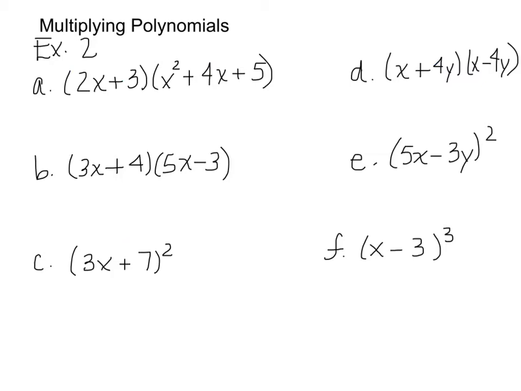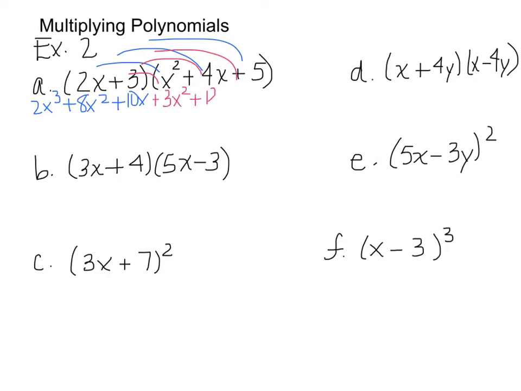So when you're doing this, you make sure you distribute to each term. So I'll get 2x cubed plus 8x squared plus 10x. And then I'll distribute the 3, plus 3x squared plus 12x plus 15.